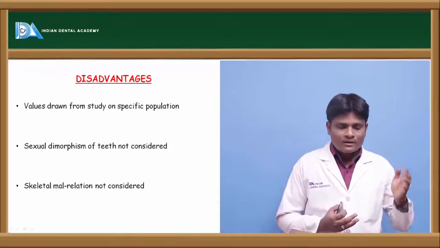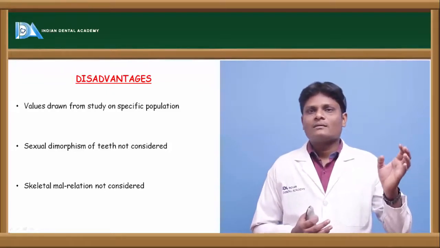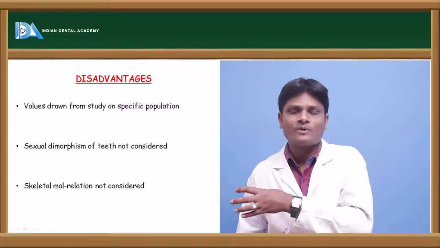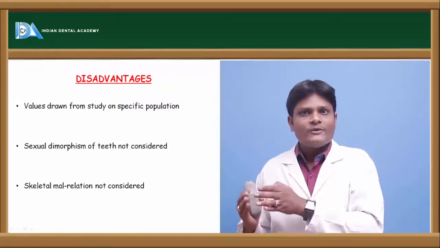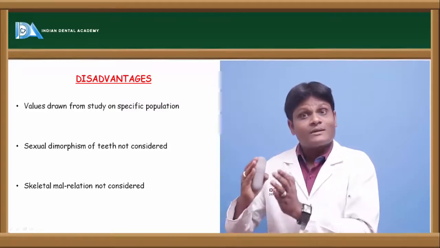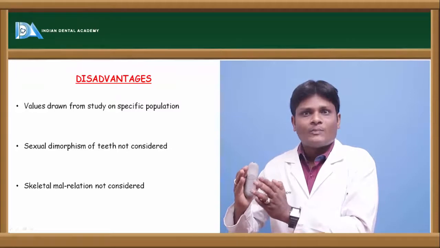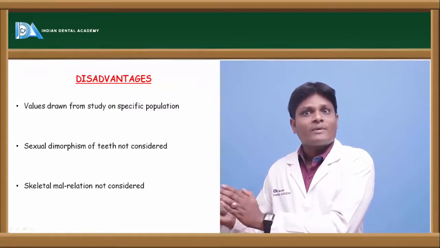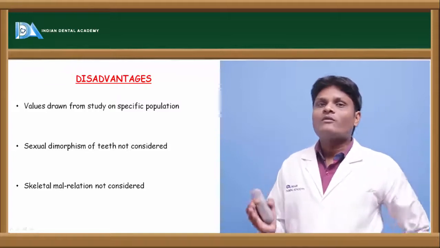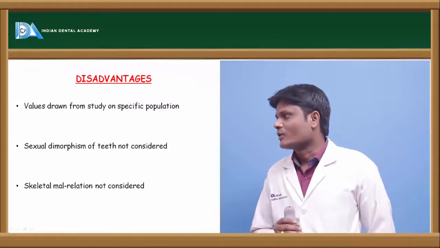That means the model analyses are based upon studies on people from different ethnic groups. Can the normative values obtained for a particular group of population be applied to another group of population? This is one of the drawbacks of study models.